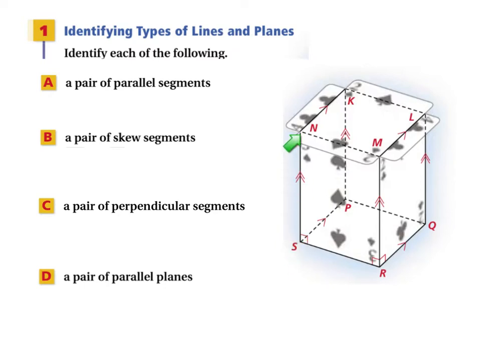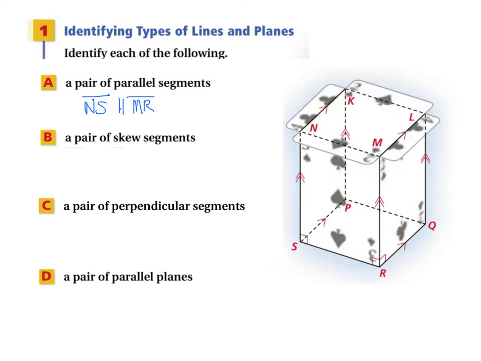We could say segment NS is parallel to segment MR. Now we could also say that KN and LM, those segments are parallel. We could say segment KP and segment LQ are parallel. There are numerous answers that we could actually say.